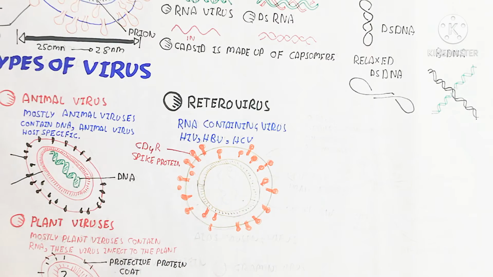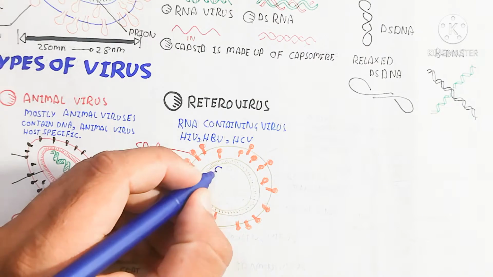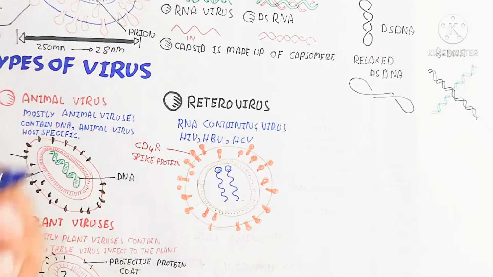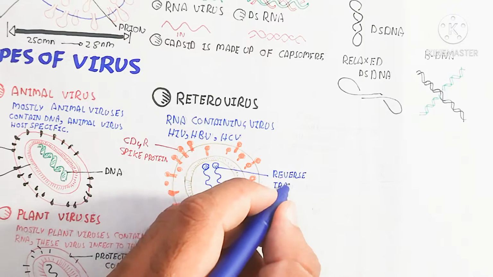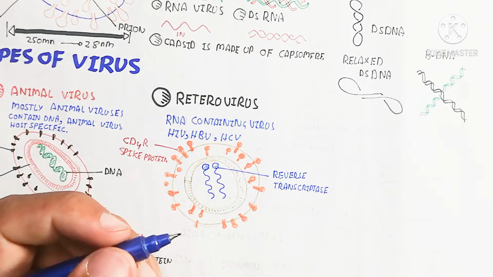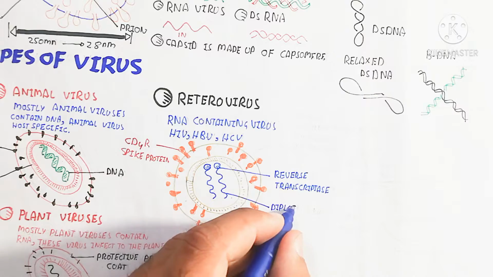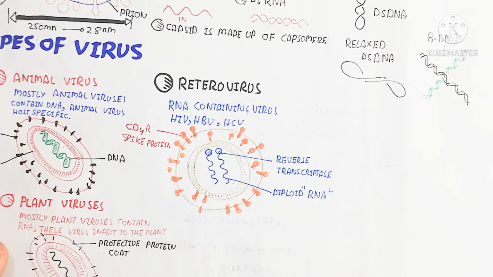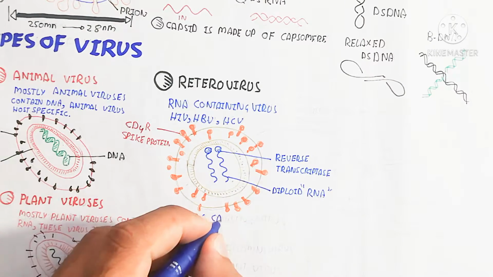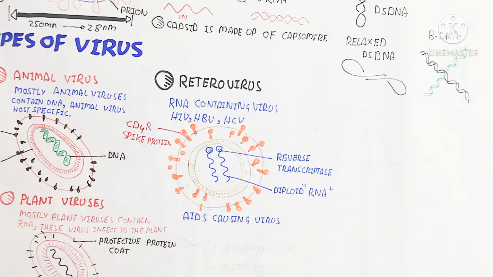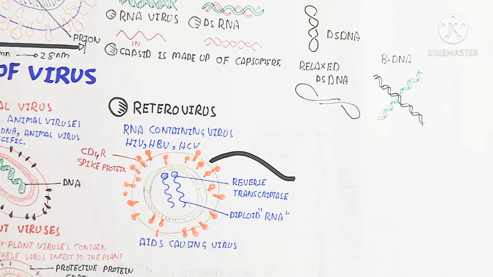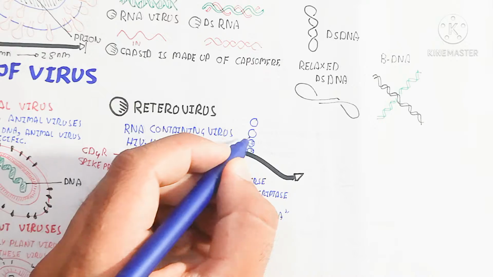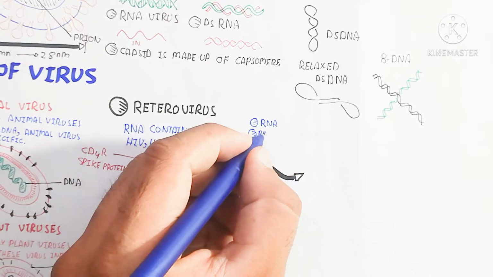The T helper cell contains a CD4 receptor, and the spike protein is present on the upper side. Inside are two strands of RNA, the reverse transcriptase enzyme and diploid RNA. This is the AIDS-causing virus, and the hepatitis viruses, hepatitis C, B and A, are also examples of this type of retrovirus.